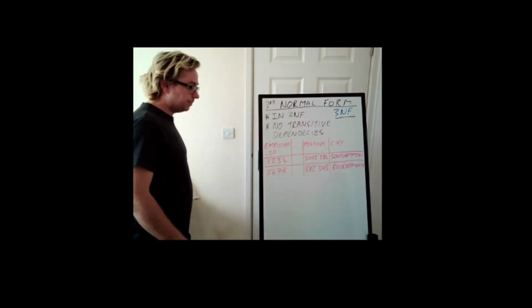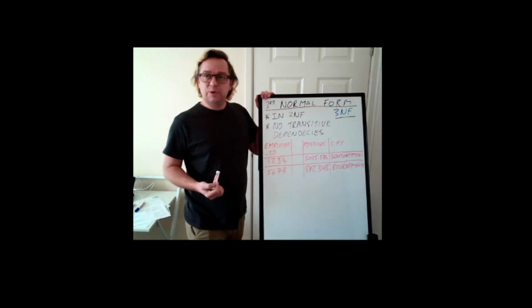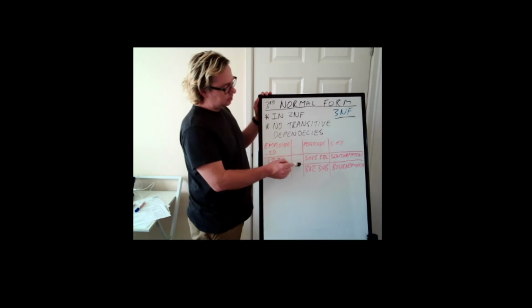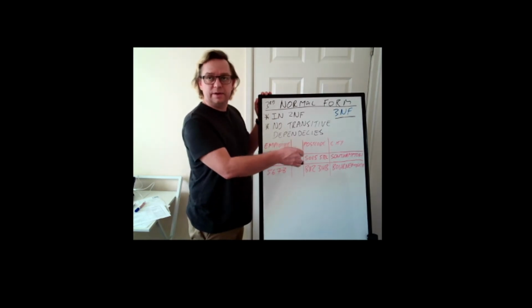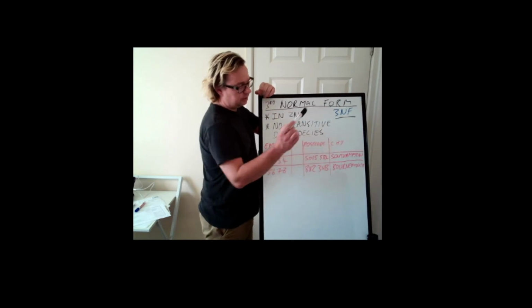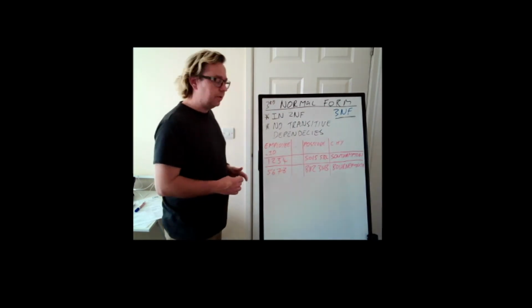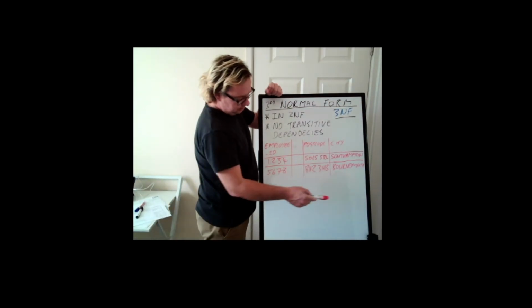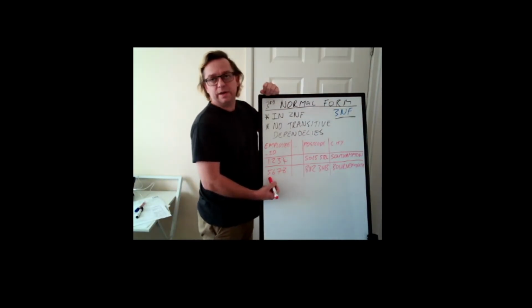Okay, so if we look at this, we've got an employee table. You've got employee ID. Imagine in here you've got name and all their details and so on. Then you've got postcode, and then you've got city. If you look at city, that isn't really dependent on your employee ID.